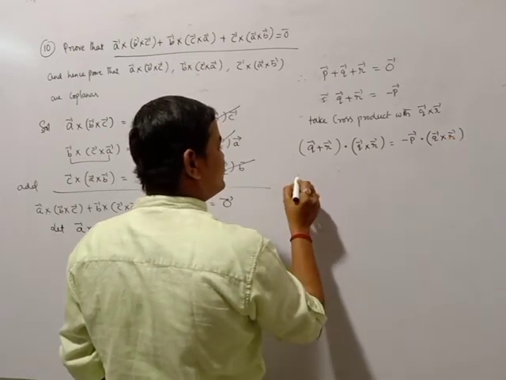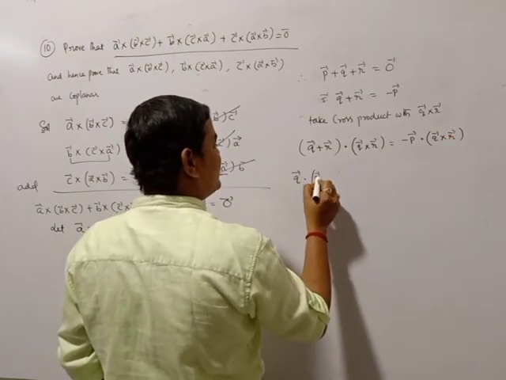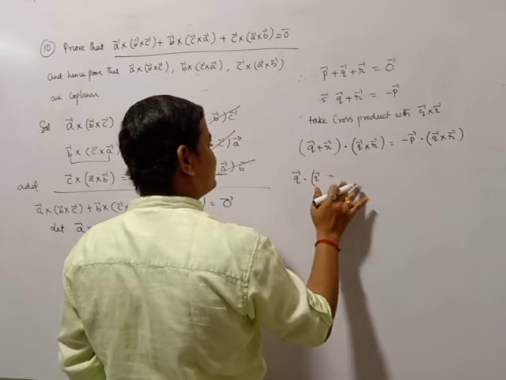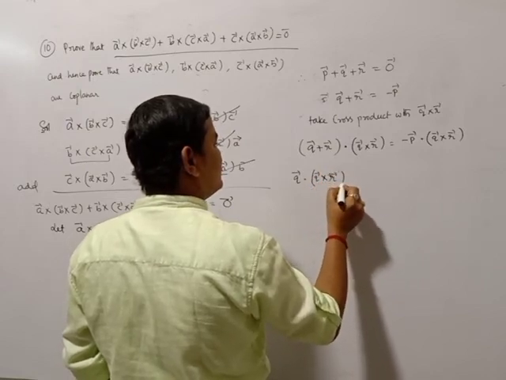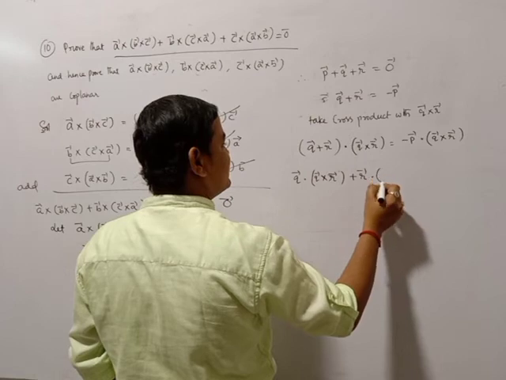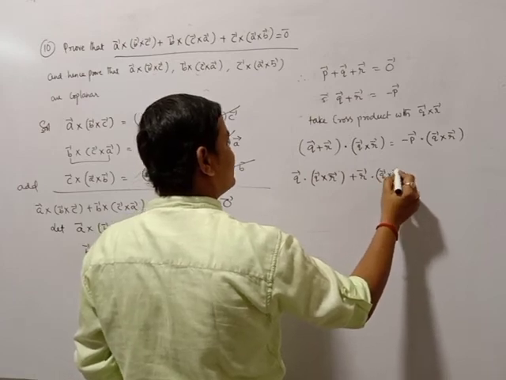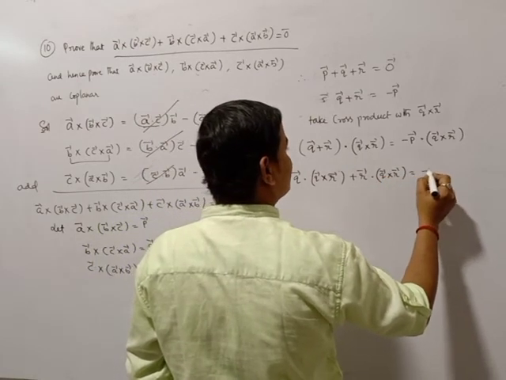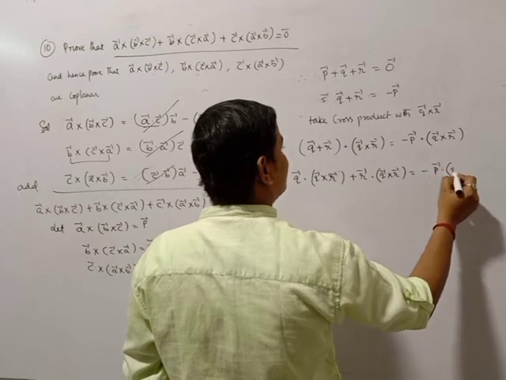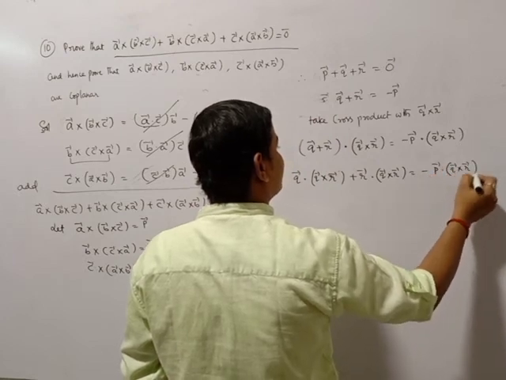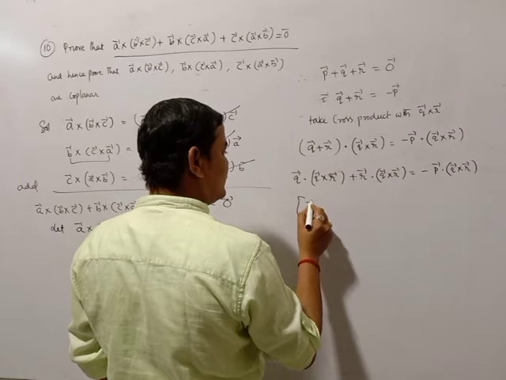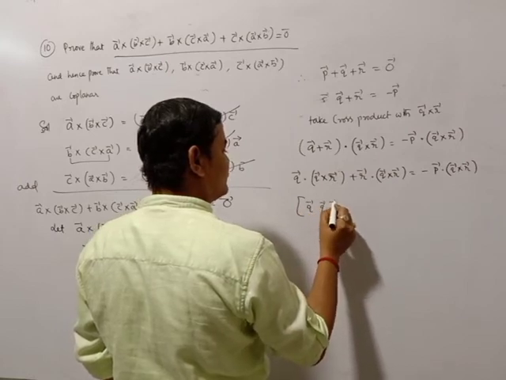Taking the dot form, q bar dot q bar cross r bar plus r bar dot q bar cross r bar is equal to minus p bar dot q bar cross r bar. See, this is the box q bar q bar r bar.